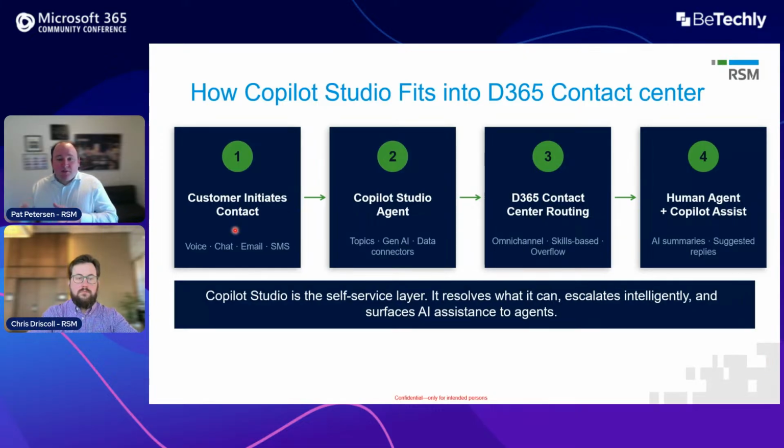Once that customer takes the action, it is programmed inside of Copilot Studio, and everything happens inside of Copilot Studio. So before it even gets to a human agent, which is on the far right-hand side, what's really important is that Copilot Studio has a huge part of that portion itself.